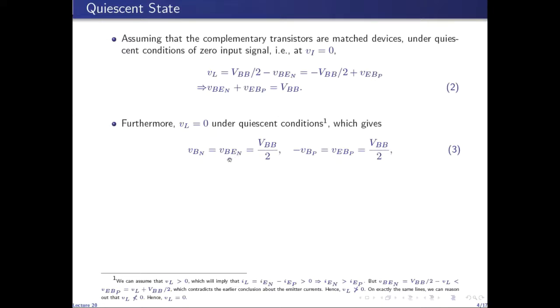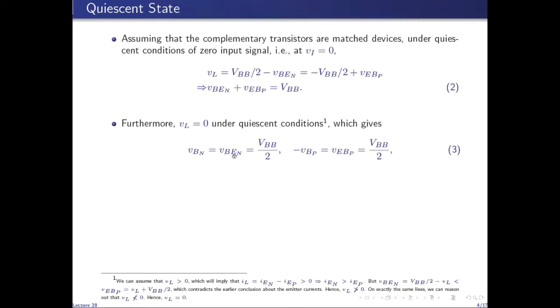Here VBE is equal to VBn because the emitter terminal is connected to the load, so VE is equal to VL, which is 0. Since the emitter terminal of Qp is also connected to the load, VE is again 0, so VEB of p is equal to minus VBp, because VEB of p is VE minus VB of p.